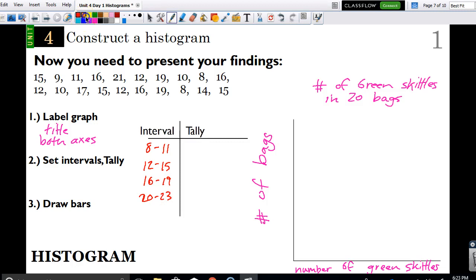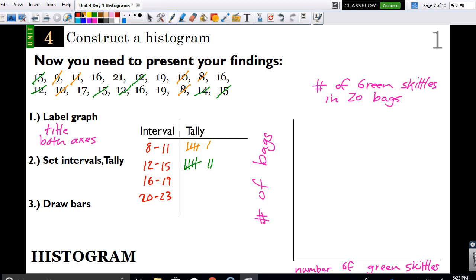Now let's tally how many are in the first interval from 8 to 11. There's 1, 2, 3, 4, 5, 6. All right, let's do the next one, from 12 to 15. 1, 2, 3, 4, 5, 6, 7.